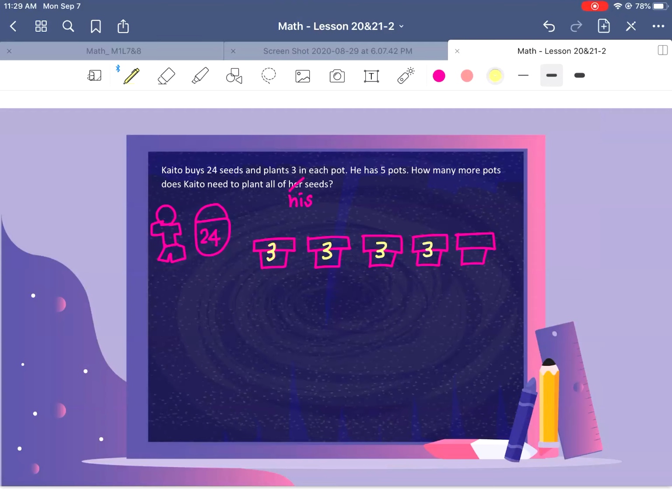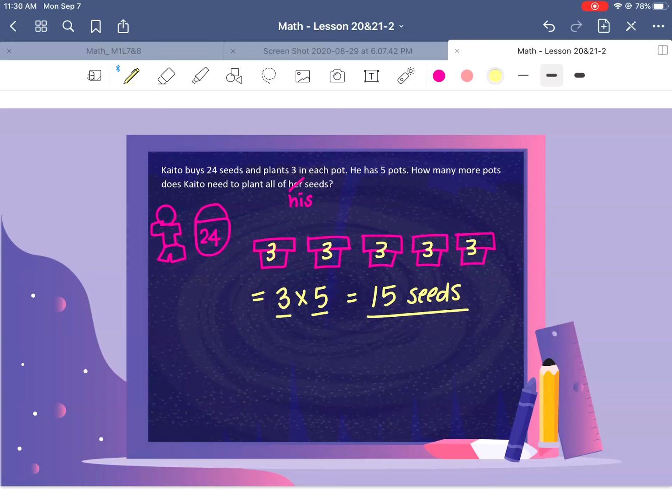So he has 5 pots, and he planted 3 seeds in each one. So let's find out the number of seeds that he has planted so far, and the number of seeds that he needs to plant. So I'm going to use multiplication to find the answer. He has planted 3 seeds, and there are 5 pots, so he used 15 seeds.